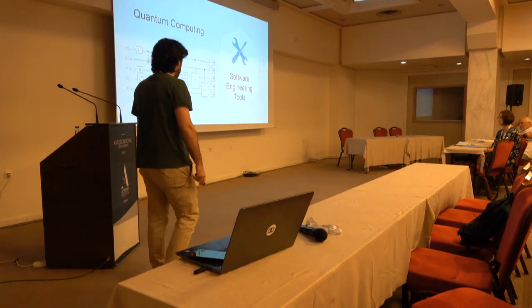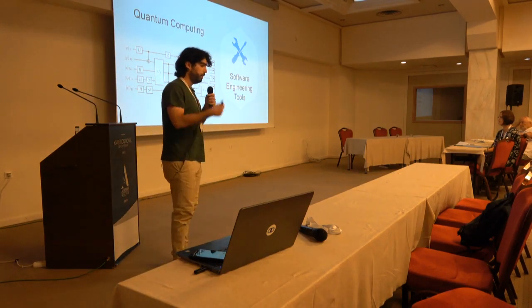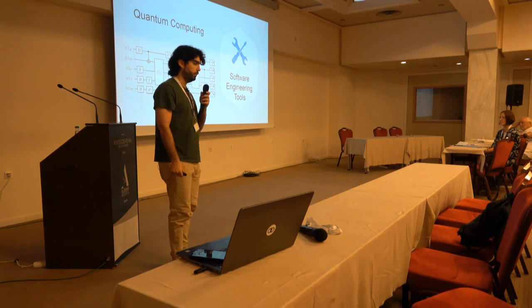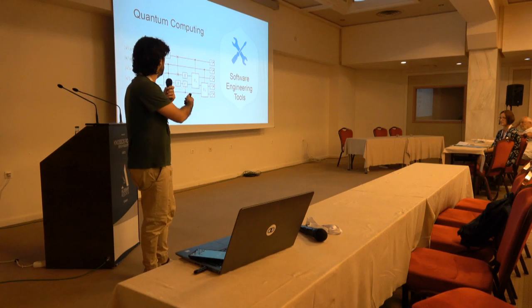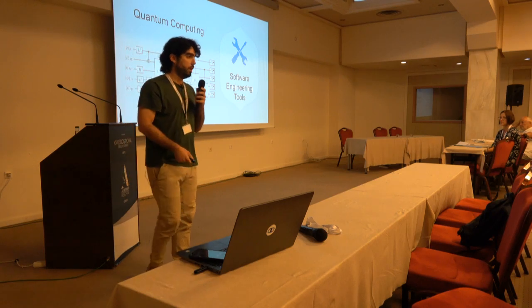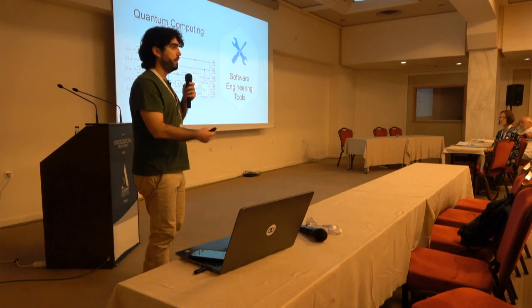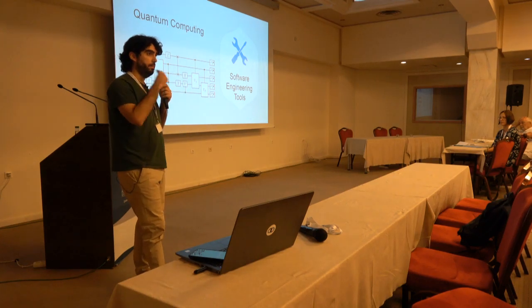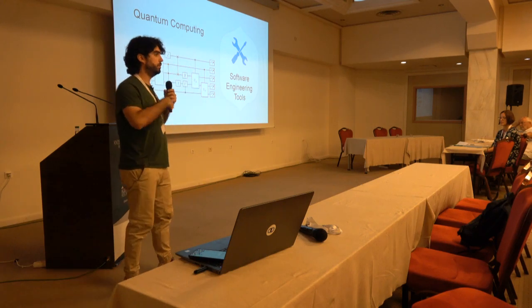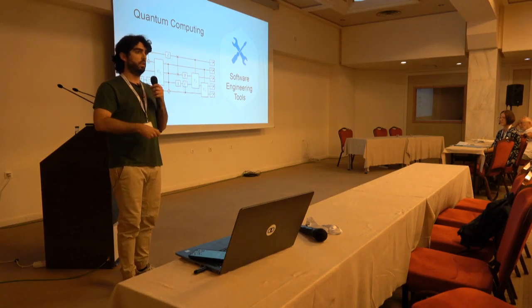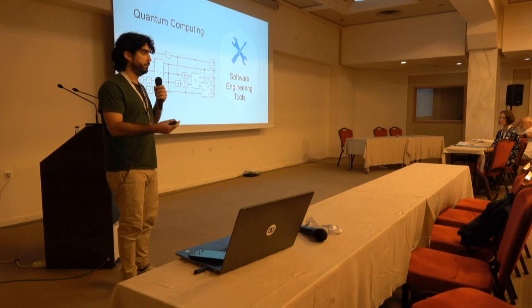So I want to start with, right now the main branch of quantum programming is using gates. It's building quantum circuits, which is a very basic theory, very basic way of programming, which is very far from the tools that software engineers currently use in industry and research.